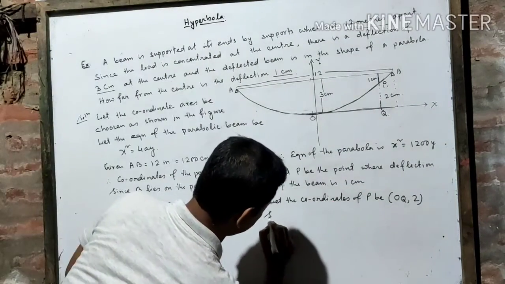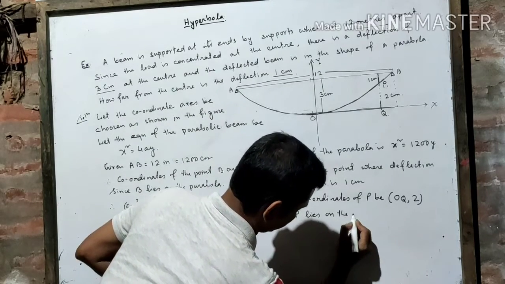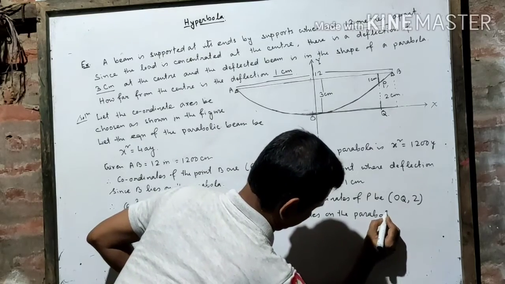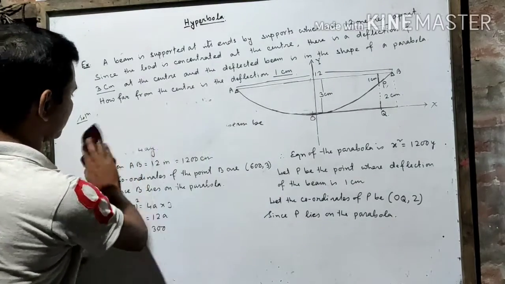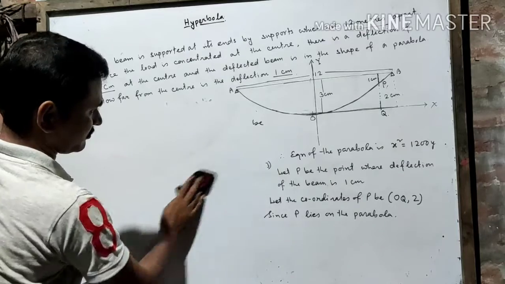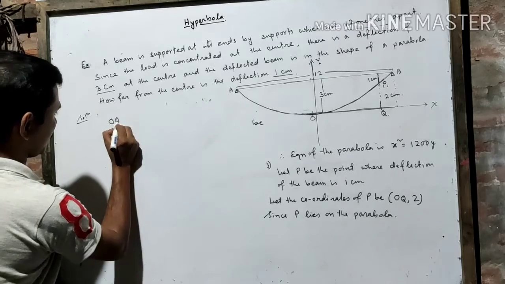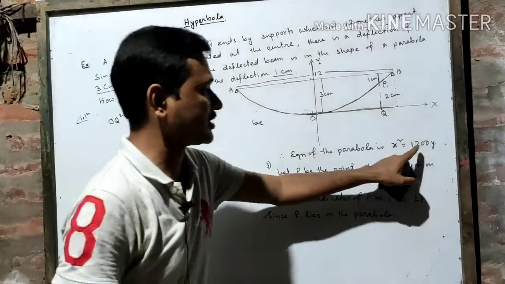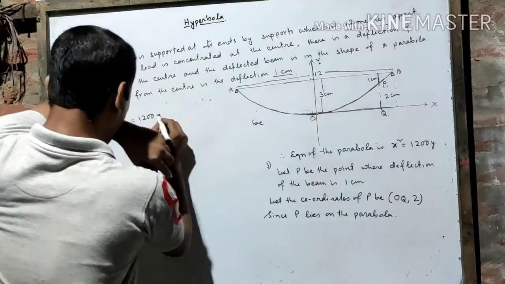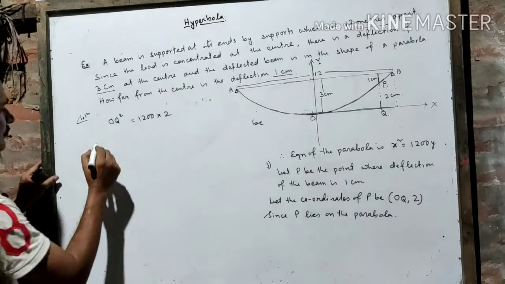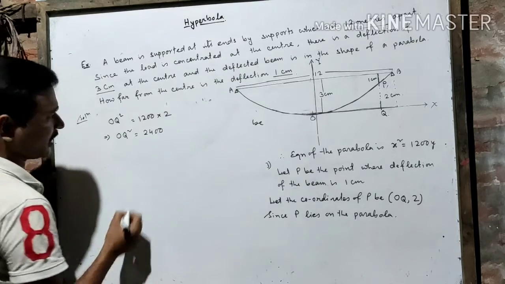Since P lies on the parabola, therefore we will get x is OQ, x square is equal to 1200y, 1200 into y is how much? 2. Okay, so OQ square is equal to 2400.